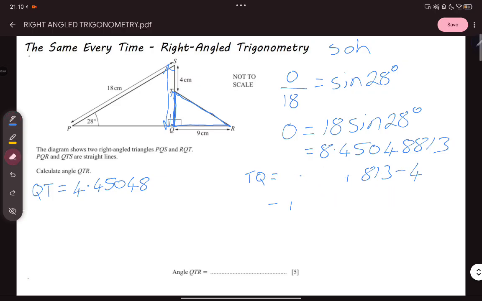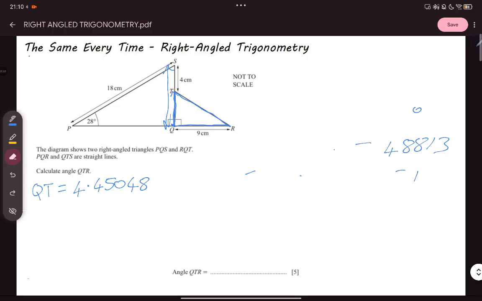I've said it before, do not use a rounded answer in a calculation. Either use the full calculator answer or go to 5 digits after the decimal point. So now we should be able, what do we have to do? Calculate the angle QTR. So they want us to find this angle just there.